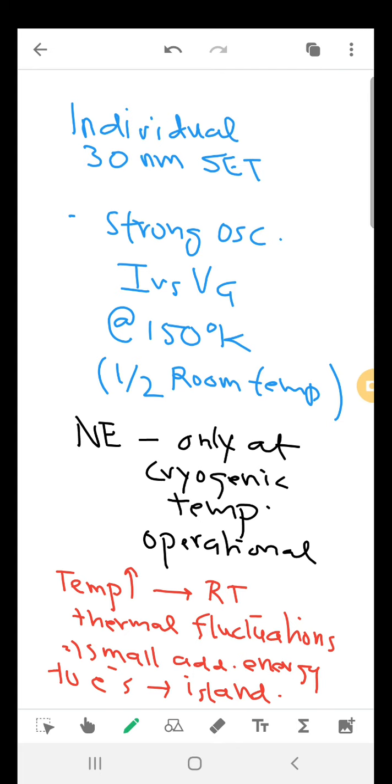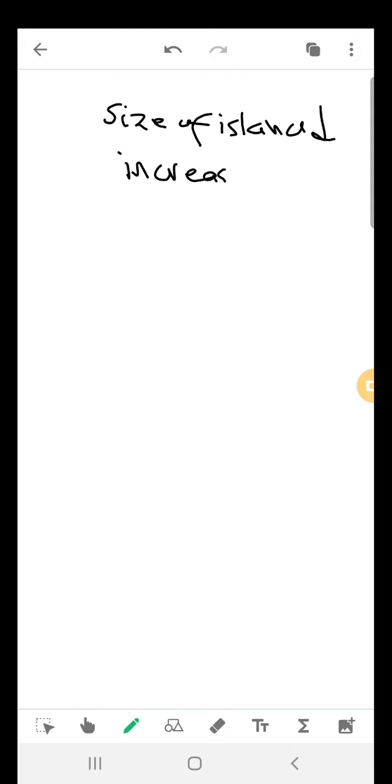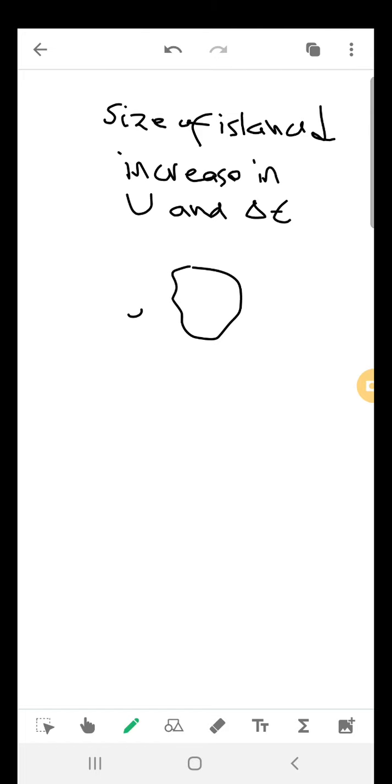Making the island smaller, however, would increase the relevant energy separations, as we have seen. If we decrease the size of the island, it will cause an increase in U and delta E. U of course is the energy required for an electron to move into the island, and delta E is the energy required for the electron in the island to go to higher energy levels.